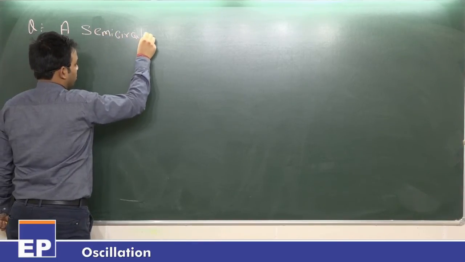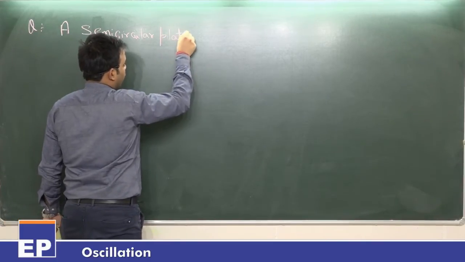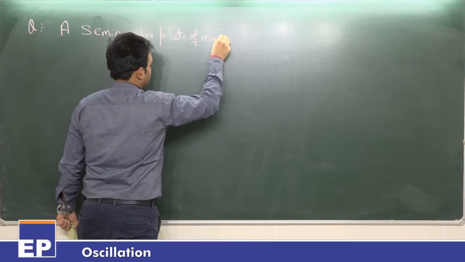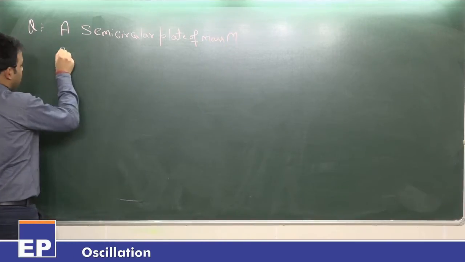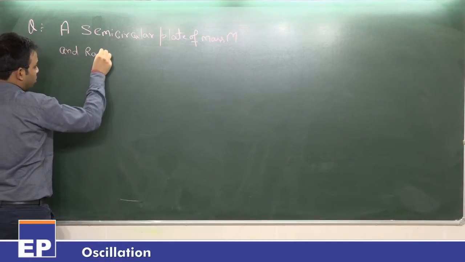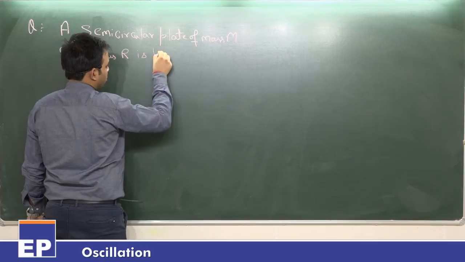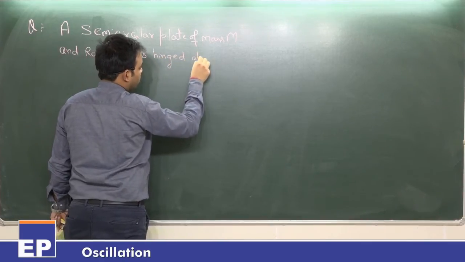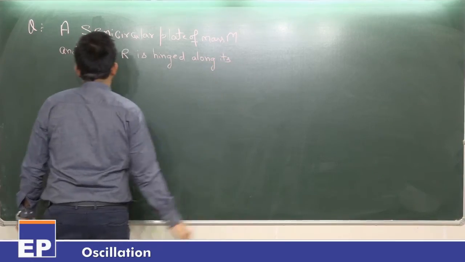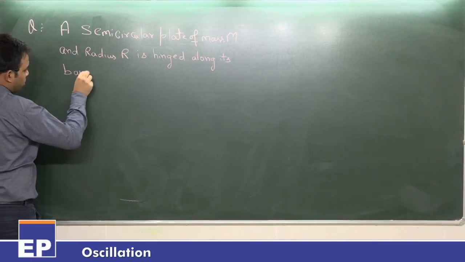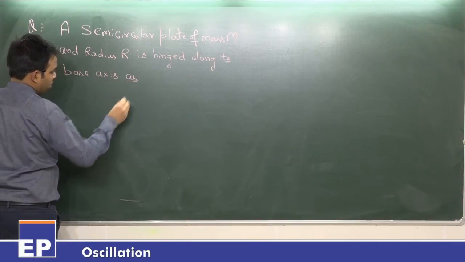Yes, next. A semicircular plate of mass m and radius r is hinged along its base axis, as shown.